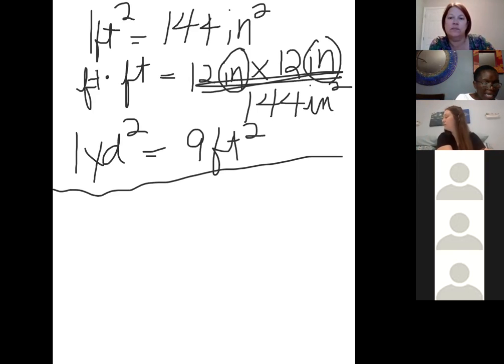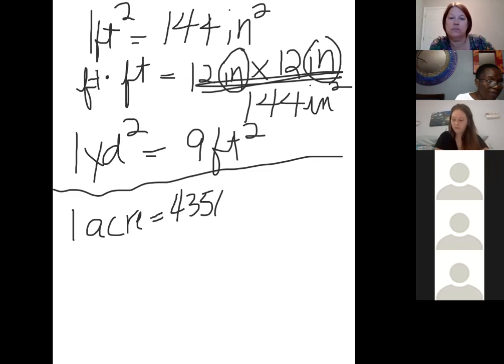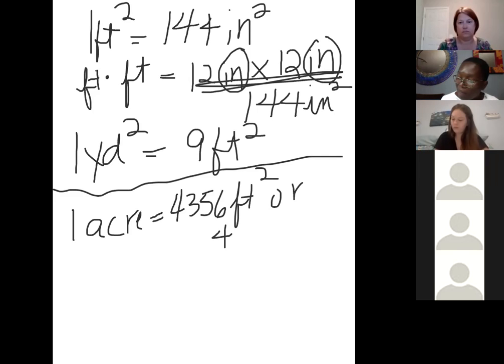An acre, 1 acre, is approximately 43,560 square feet, or 4,840 square yards. Now, I'm not asking you to memorize any of this, guys, because most of you will never use this in your lifetime. I am just giving you information that you should be aware of.